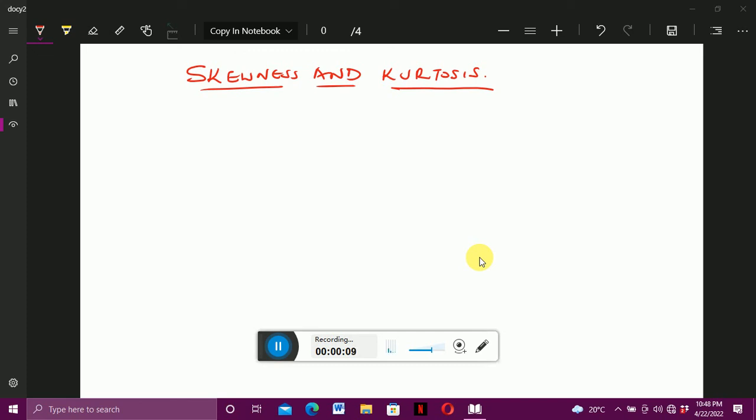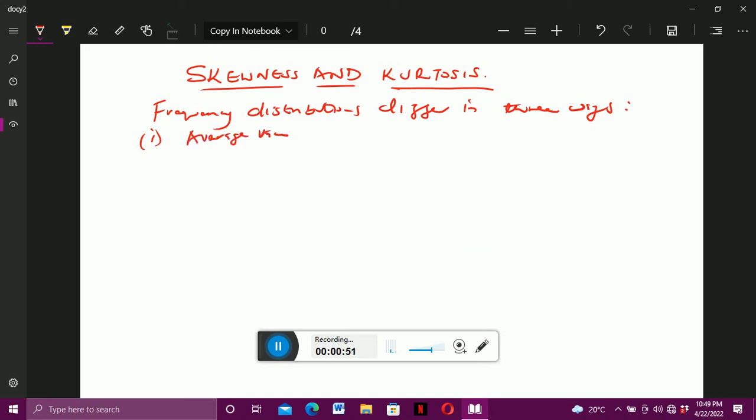Today we are talking about skewness and kurtosis. And we start by saying that frequency distributions differ in three ways. The first way in which frequency distributions differ is average value.